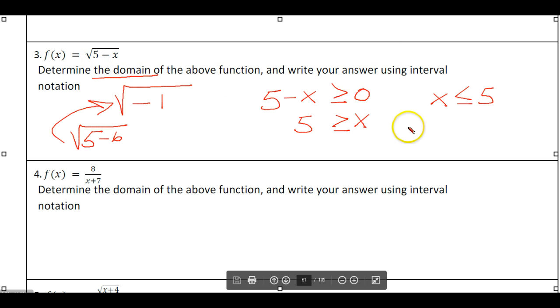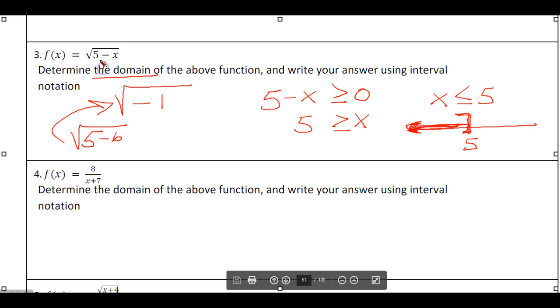If we did this on a number line, it would look like our 5 is there, and x is less than or equal to, so we use a bracket, and we draw our arrow this way. Now you might say, how come all these negative values are involved?